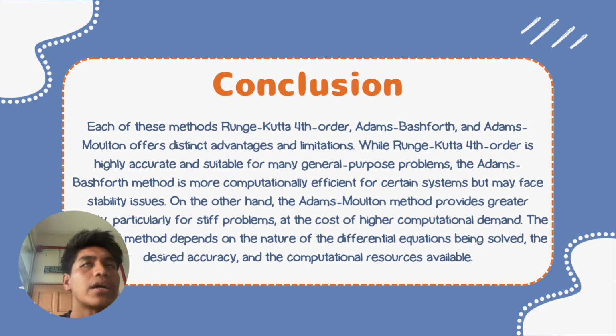On the other hand, the Adams-Moulton method provides greater stability, particularly for stiff problems, at the cost of higher computational demand. The choice of method depends on the nature of the differential equations being solved, the desired accuracy, and the computational resources available.